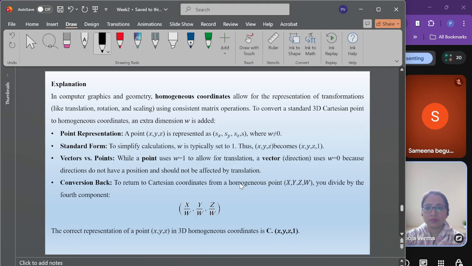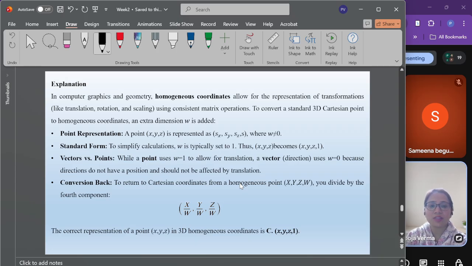So by adding 1 to the coordinates, we get the homogeneous coordinate representation. Here the explanation is given: in computer graphics or geometry, homogeneous coordinates allow the representation of transformations like translation, rotation, and scaling using consistent matrix operations.